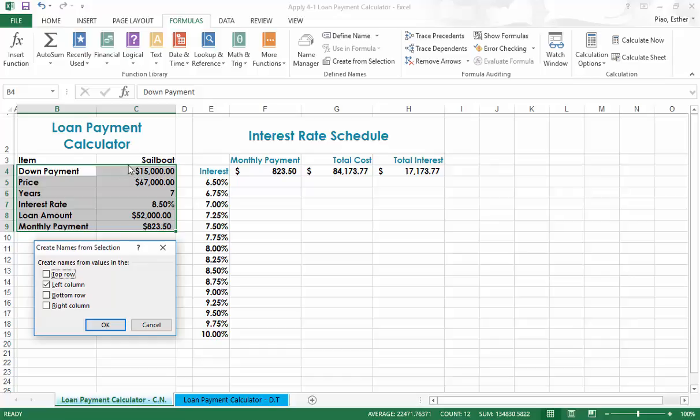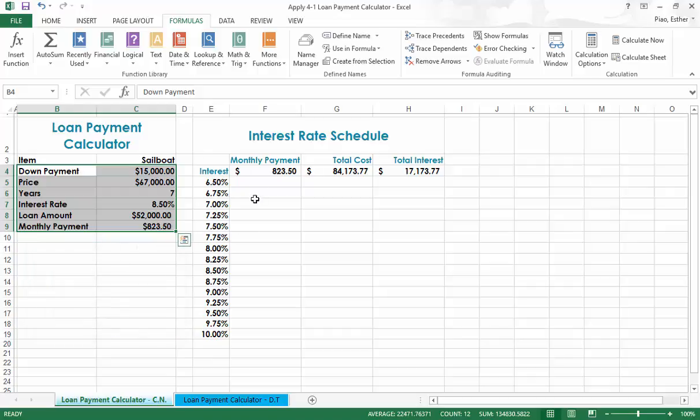We're no longer using C4 to represent the value stored in this location. Instead, we will be using down payment to represent the value stored in this cell. So we use the left column to create names for the values in the right column. That's what it does.